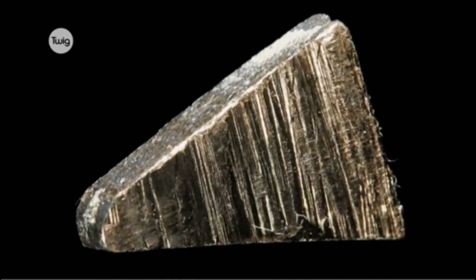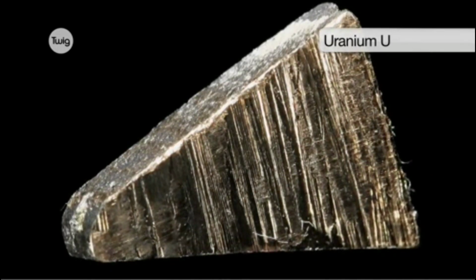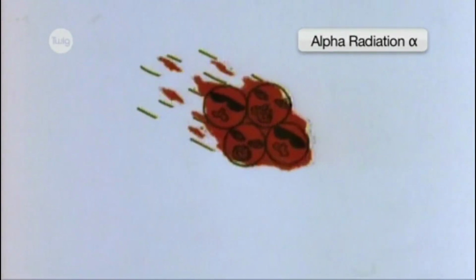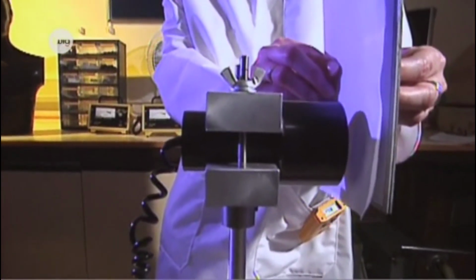When radioactive atoms in elements like uranium decay, they can release 3 types of nuclear radiation: alpha, beta, and gamma. Some atoms emit alpha particles, composed of 2 neutrons and 2 protons. They can only travel a short distance through air and can be stopped with just a piece of paper.